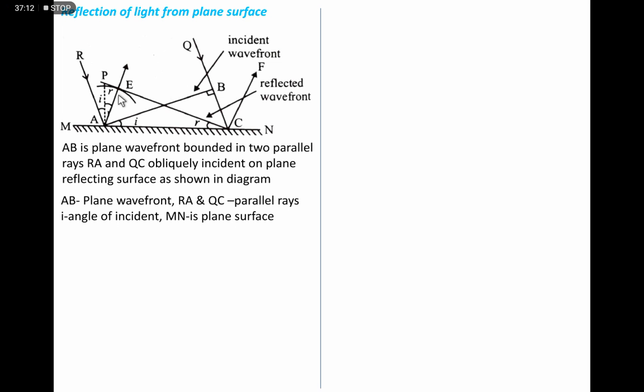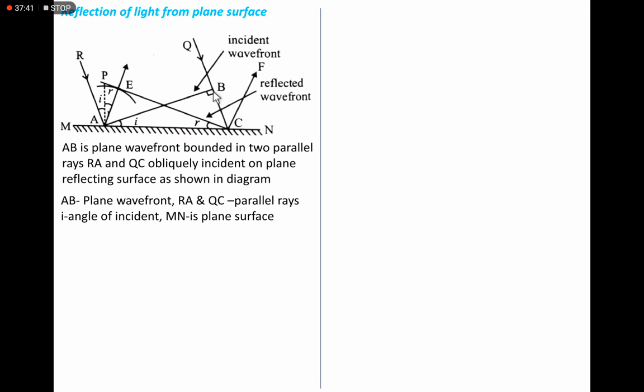What I said, A is a point of the plane wavefront AB. A will reach the reflecting surface first, and according to the Huygens principle, it starts to emit the waves in the same medium.